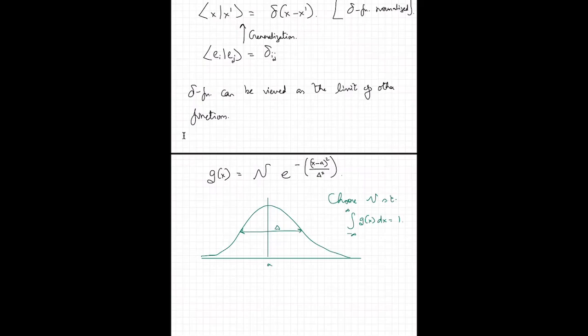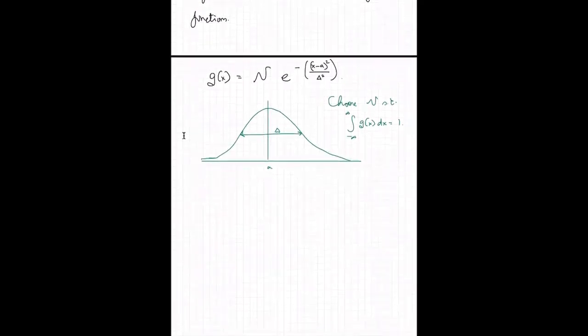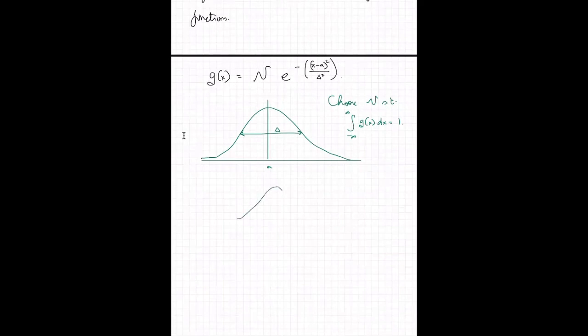Now imagine that I keep shrinking this Gaussian function more and more and more. So I keep decreasing this delta. If I shrink this function and I want to keep the area under the curve still 1, I have to increase the height of this function. So I can think of this as going to something like this, something like this, something like this, and so on and so forth, right?